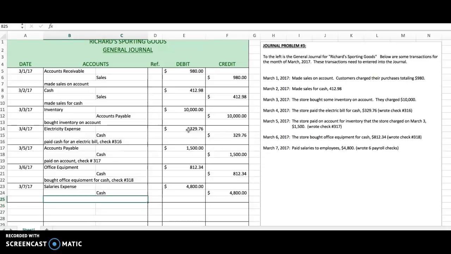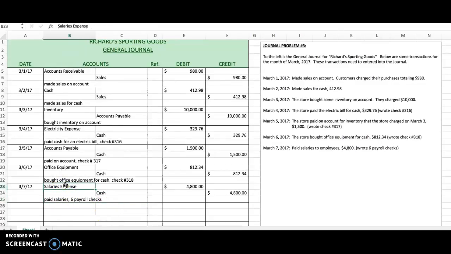And the description is a little different because we paid salaries, and companies would have a different kind of checking account for payroll. So they use a payroll checking account. And we had 6 of them, so we might as well put that in. Paid salaries, 6 payroll checks. We don't necessarily need to write out every single number on the payroll checks, but this describes what happened.